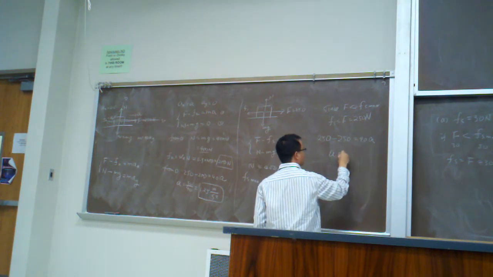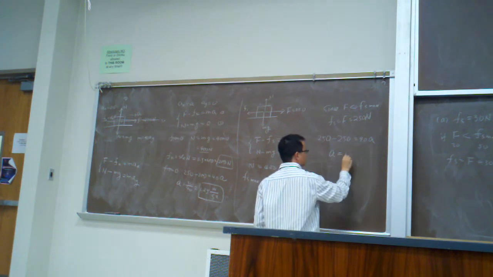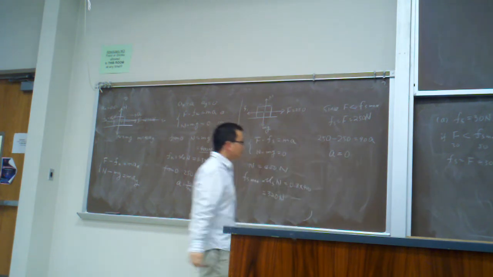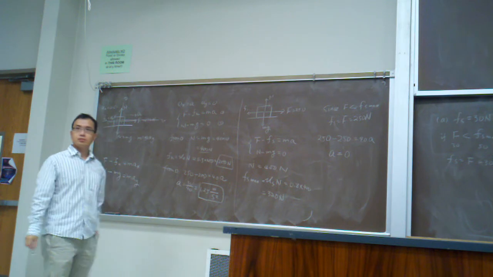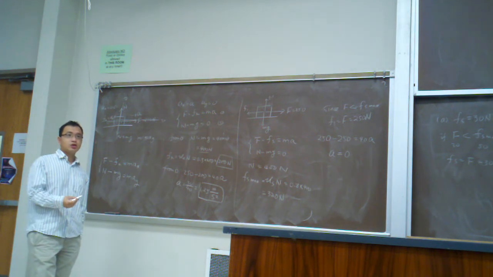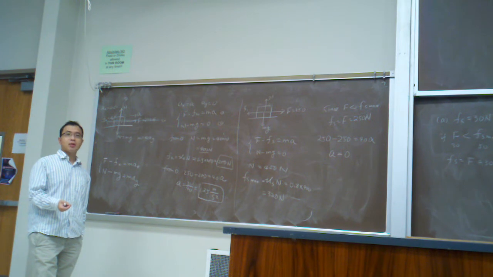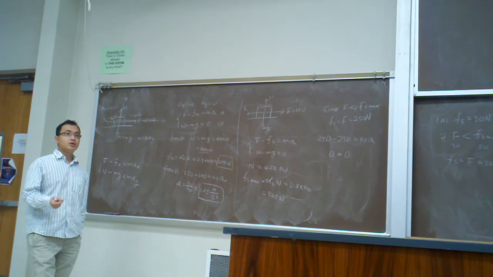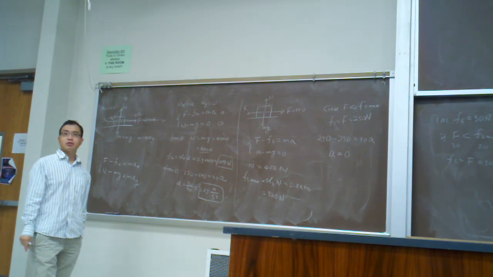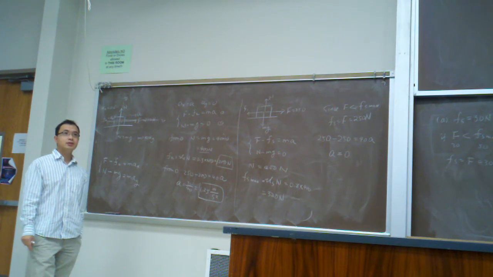So a equals 0. Okay? And that should be right, because the external force is smaller than the maximum static friction force. That means it's not enough to make the object move. It's still there, so acceleration has to be 0.